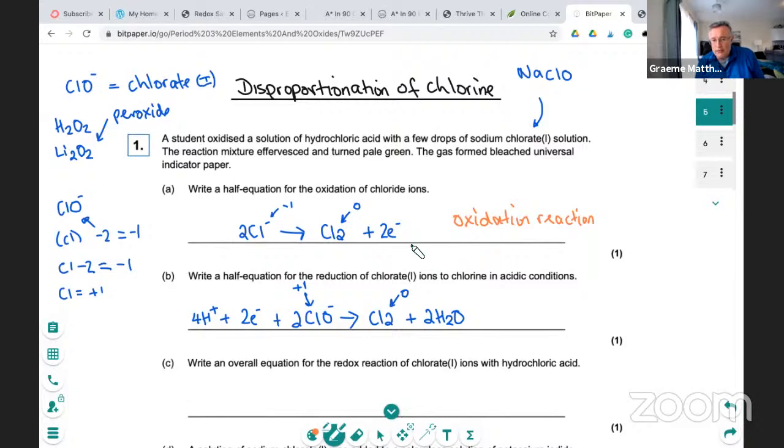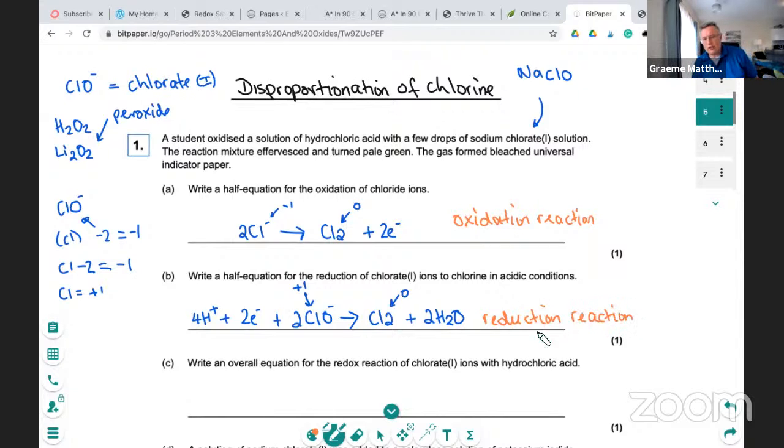If you've got an oxidation on the right-hand side, as I'm losing electrons on the right, something has to be reduced to gain electrons on the left. So this is my reduction reaction on the left-hand side.